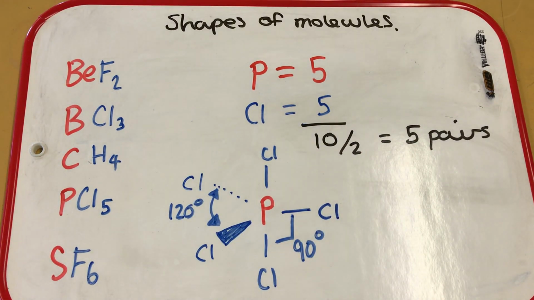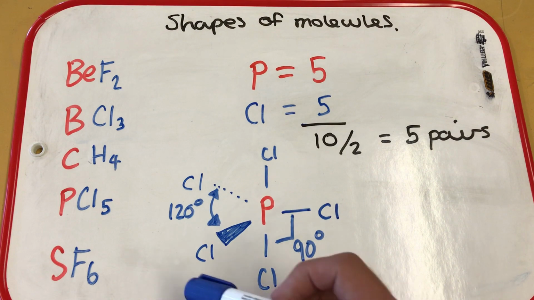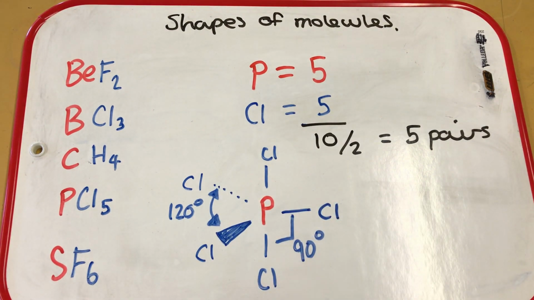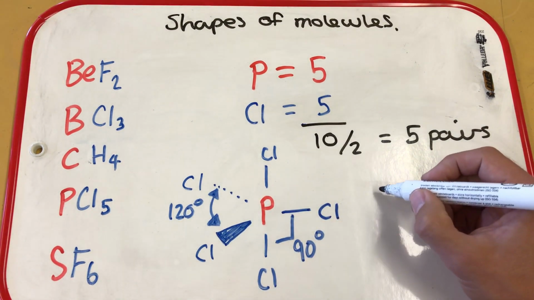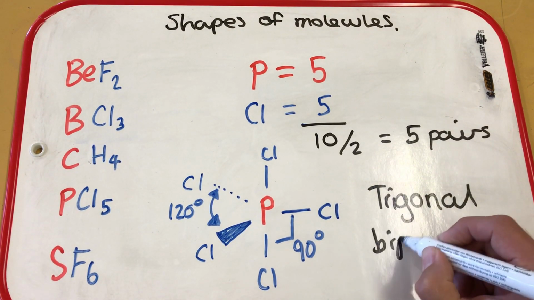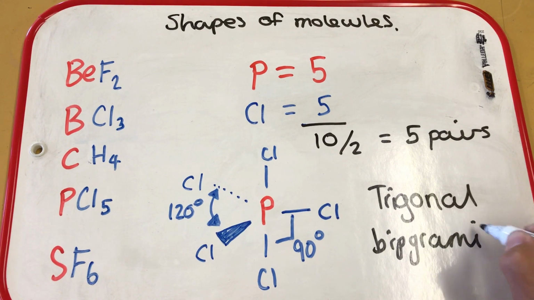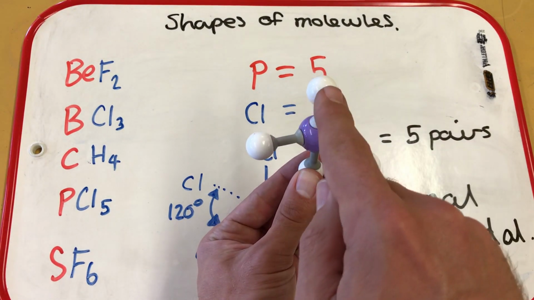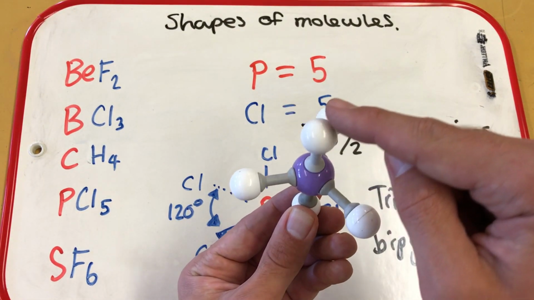So this structure is called a trigonal bipyramidal, for the 3 points in the centre. So if you have a look back at this structure again, there's a pyramid on the top here.